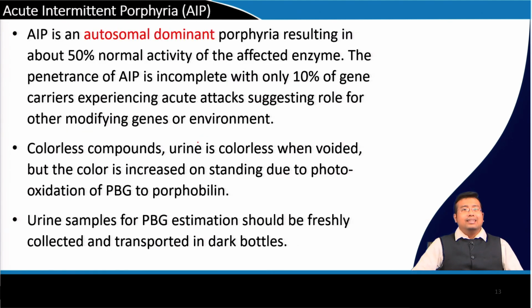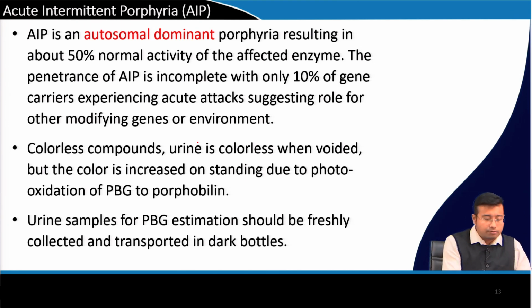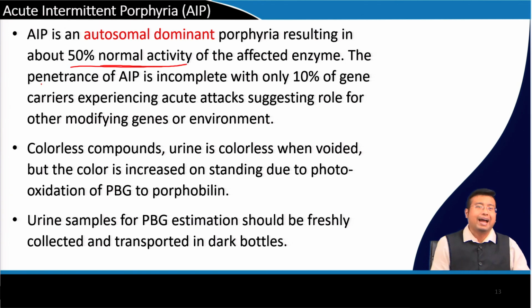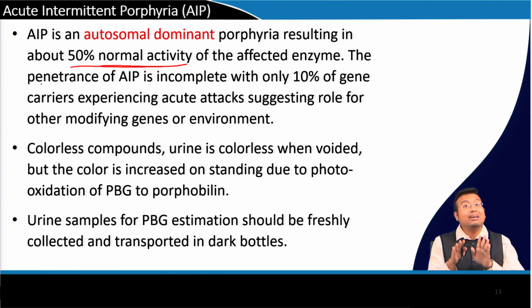How it is inherited, I already told you, autosomal dominant, right. However, there is something known as gene penetrance, right. Mind it, in the autosomal dominant variety, the enzyme is actually not fully absent, generally there is 50% defect in enzyme activity, but even then everyone who has got an HMBS gene mutation does not have the disease, even if it is autosomal dominant.